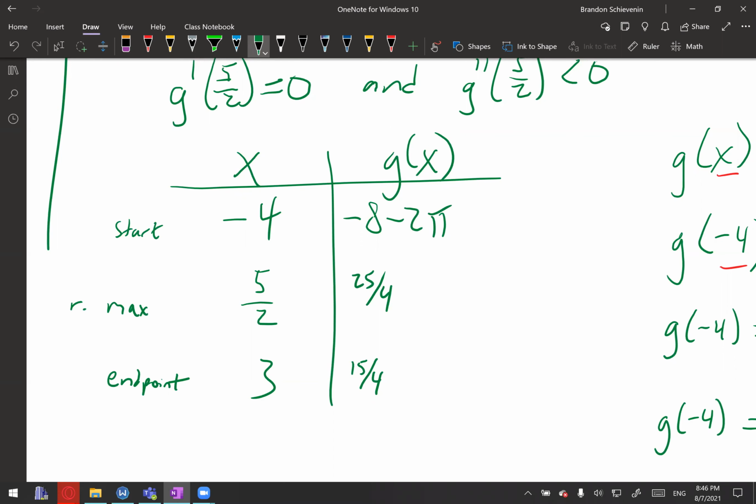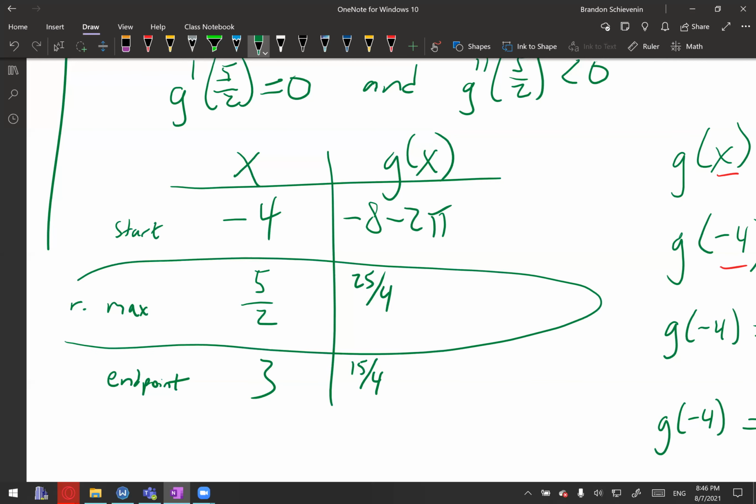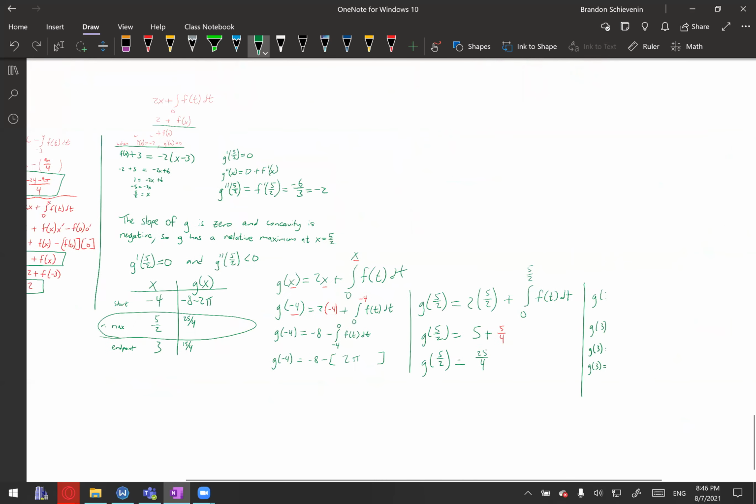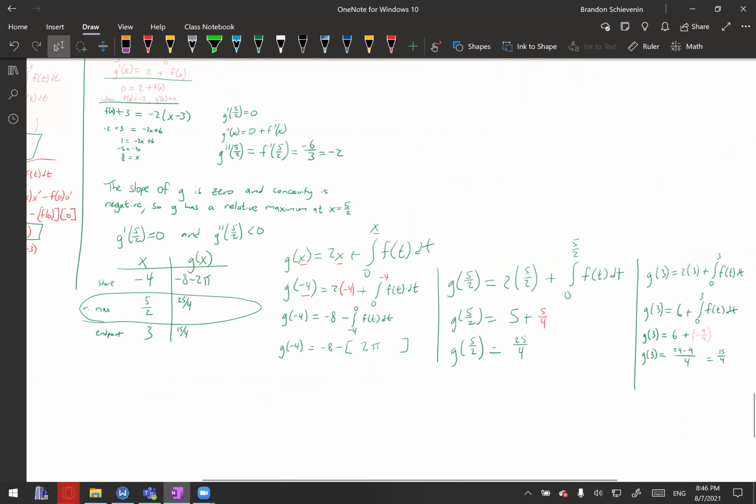Which one ended up being the largest possible y value? Nani, what's our biggest g of x? The maximum. Okay, the relative maximum was the largest y value. So that means our absolute maximum is at x equals 5/2.